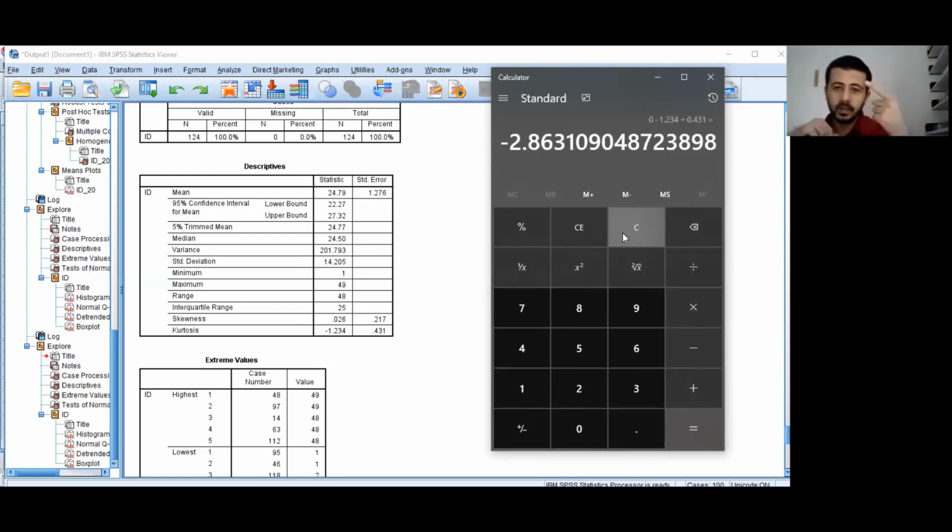Can I accept that? No. So we have kurtosis, and I can't assume the parametric tests. Let's assume the test just passed kurtosis, that I have a small kurtosis.